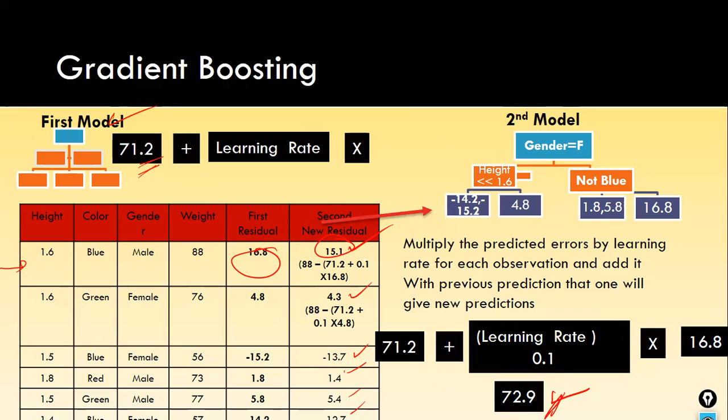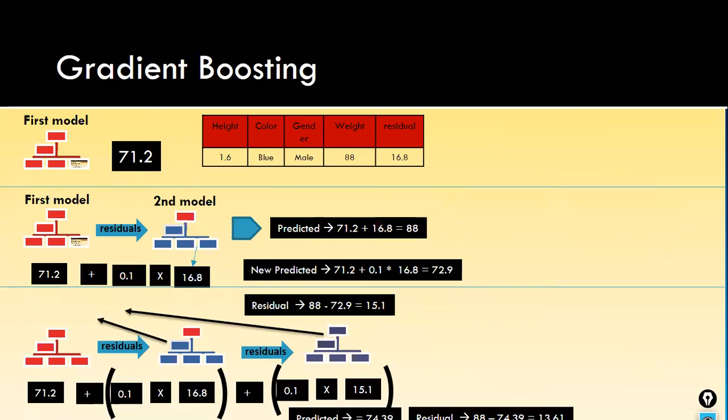Similarly, the algorithm keeps building the trees sequentially and iteratively in order to reduce the error to a great extent. That's the whole idea of gradient boosting.